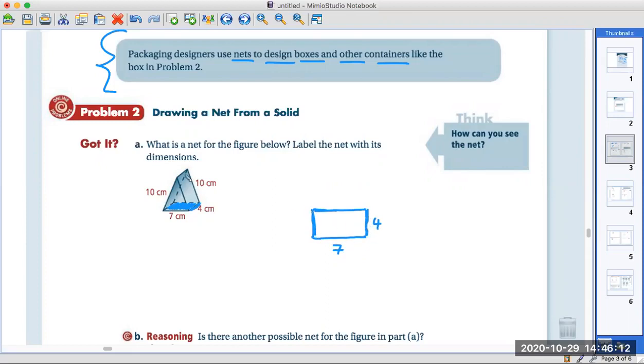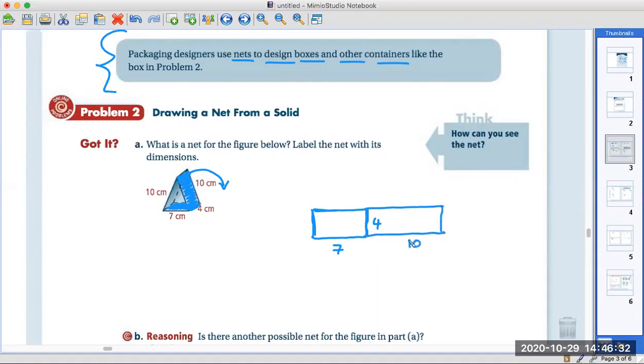All right, now I'm going to fold down this side. That's another rectangle. So I'm taking this and folding it down, and I know it's 10 centimeters, so it's really a lot longer than 7.